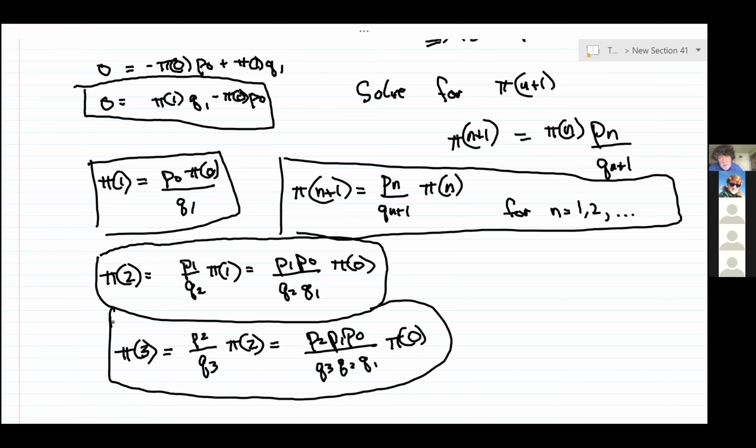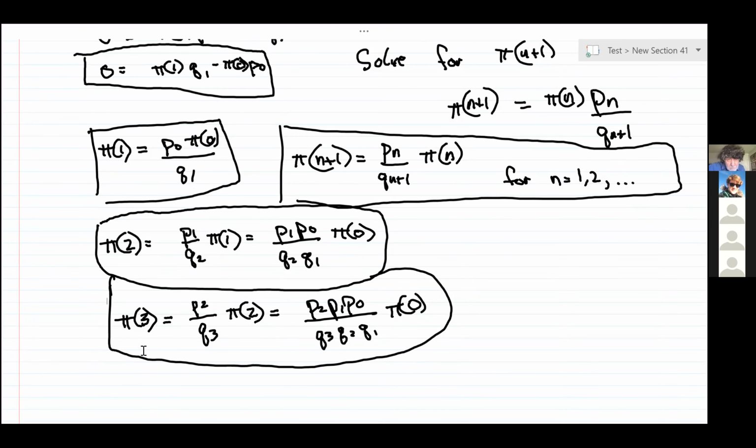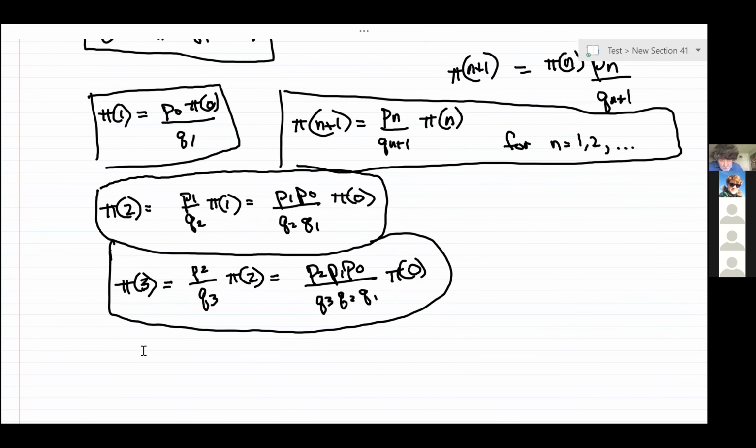Do you see the pattern? Going from this to this to this, it's enough to see the pattern. The pattern is what? Pi n, and n could be anything, 1, 2, 3 in this thing, is going to turn out to be what? Pn minus 1, Pn minus 2, all the way down to P0 on top.